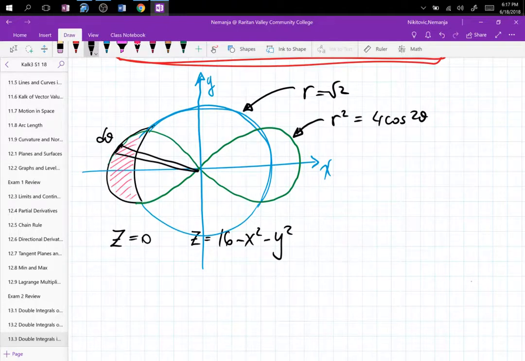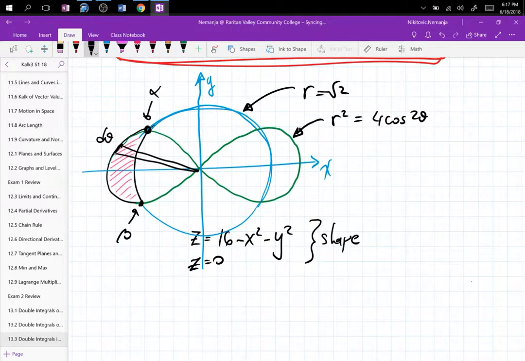Now, what I need to do is solve this equation to figure out what my angle alpha and angle beta are. So we have a cookie cutter in the shape of the moon, which is flat on the bottom because z equals 0, and it's parabolic on top because it is intersecting with the z equation over there.